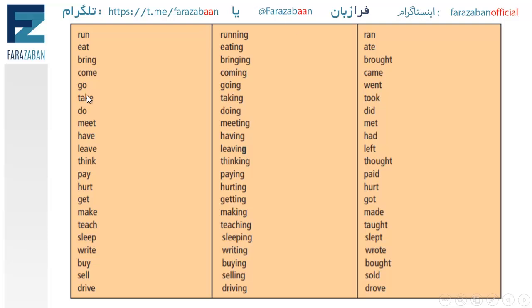Look at this verb, it ends in E. When you want to add ing, remove the E, then add the ing. Do, doing, did. Meet, meeting, met. Have, having, had. Leave, leaving, left. ترک کردن. Think, thinking, thought.